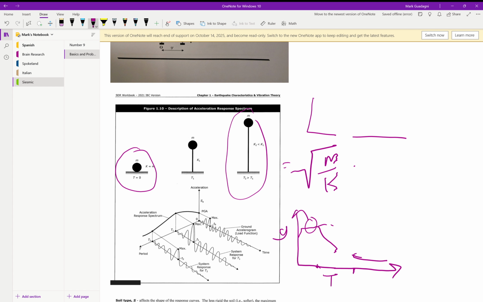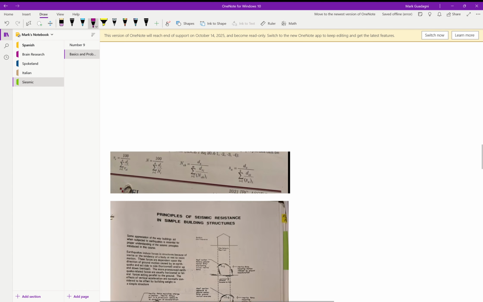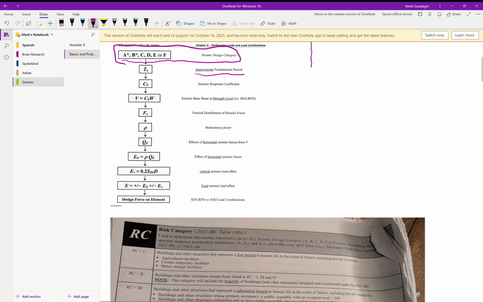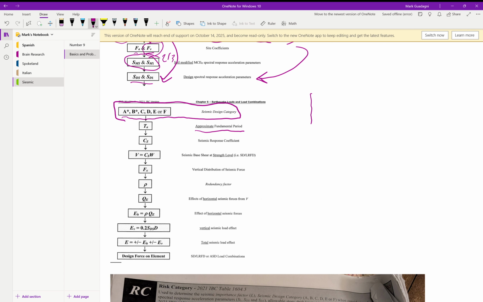If it's a short period, you'll use SDS, and if it's a longer period, you'll use the 1 second period, and if it's a really long period, which we're not going to get into, then you have to use a different formula. So we have formulas in the book based on your building height and your building structure, that say your period is some constant depending on what type of building it is, times h to the 0.75 or something like that, and that'll give you your period there.